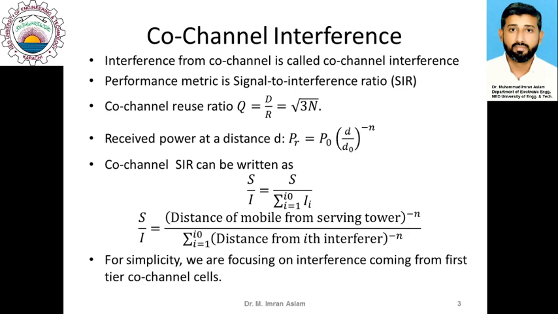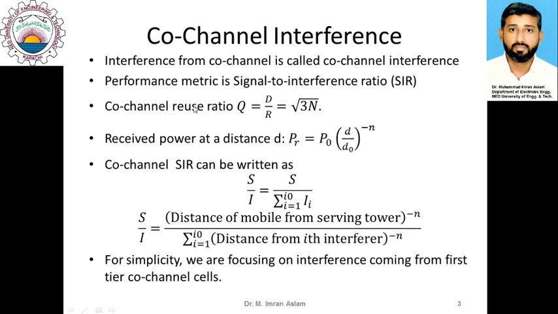In calculating the effect of interference, another important parameter that we use is co-channel reuse ratio, which is denoted by Q. This co-channel reuse ratio is defined as D upon R, where D is the distance between base stations of two co-channels and R is the radius of the cell.